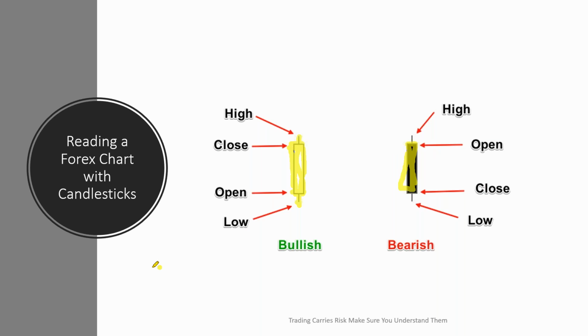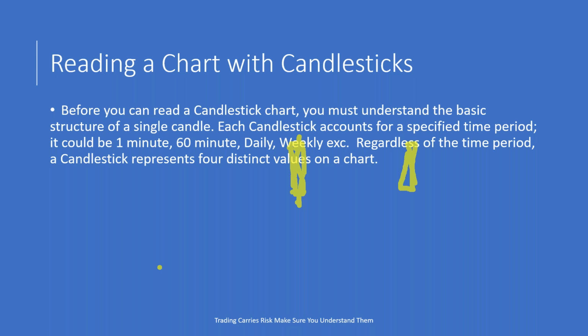Now, Japanese candlesticks are a complex trading system. So before you can read a candlestick chart, you must understand the basic structure of a single candle. Each candle accounts for a specified period of time.